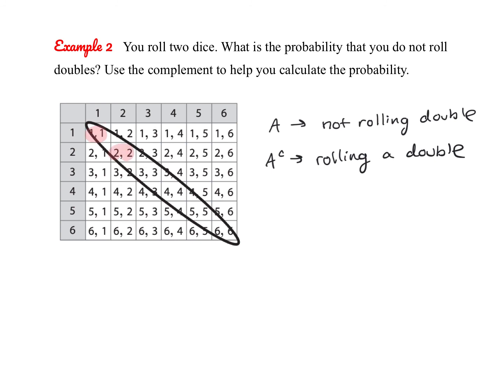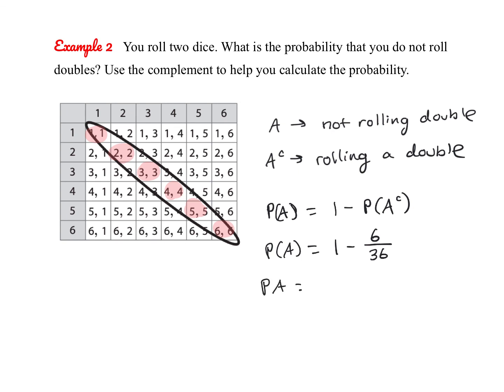So the complement of A, there's 6 possible outcomes, and there's 36 in our sample space. So we could say the probability of A would be 1 minus the probability of the complement of A. So the probability of A is 1 minus, well, there's 6 favorable outcomes here, and 36 possible outcomes.